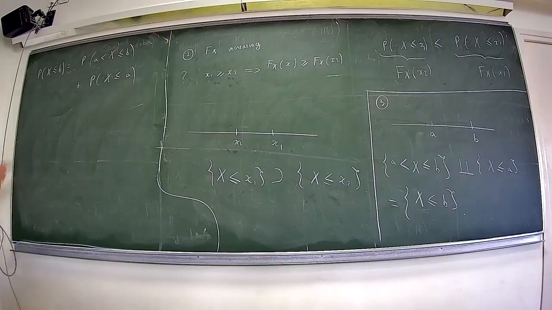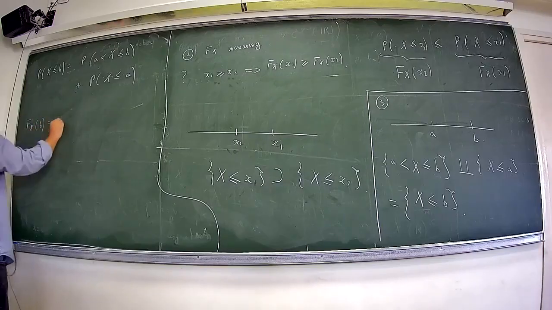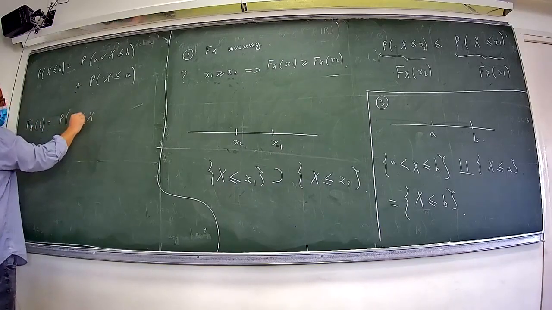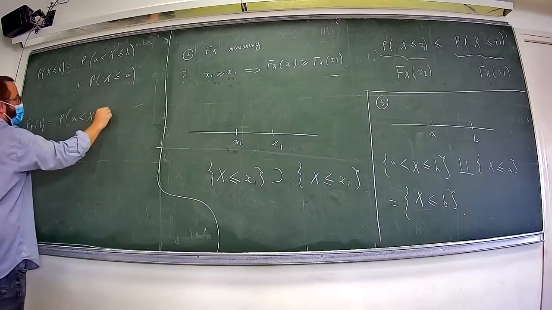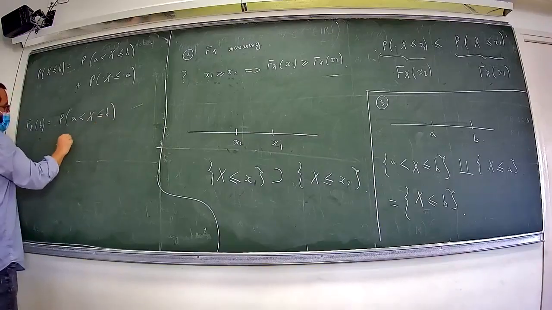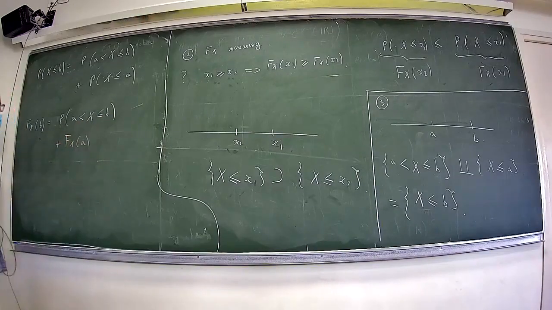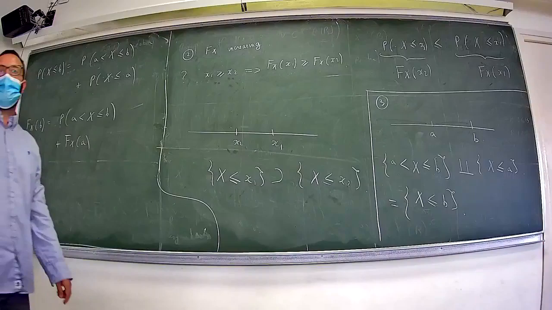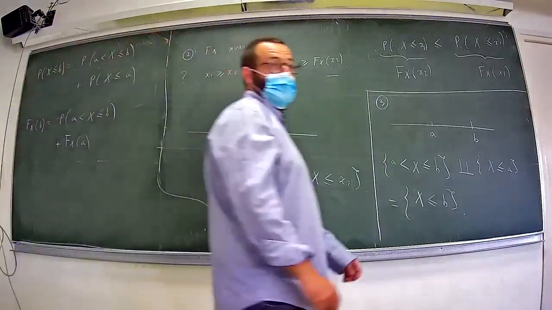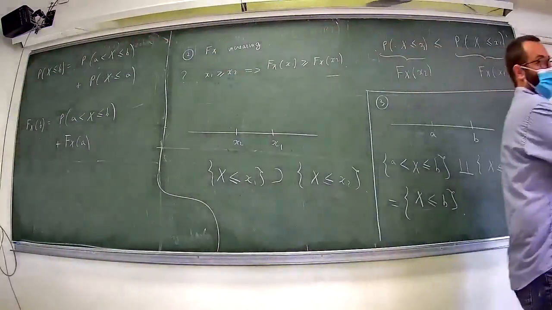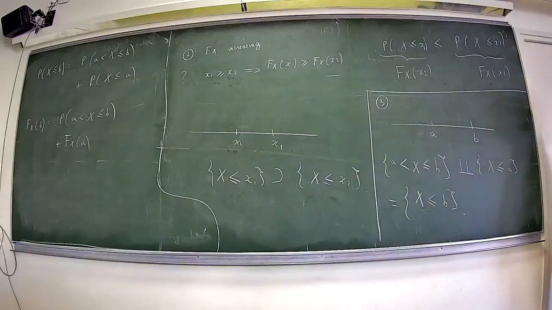Why? Because by definition of the distribution function, I can write this way: F_X(B) equals the probability that X is strictly greater than A and less than or equal to B, plus F_X(A). And you have exactly the third point in the proposition 8. I just use here the fact that the probability of a disjoint union is equal to the sum of the probabilities.